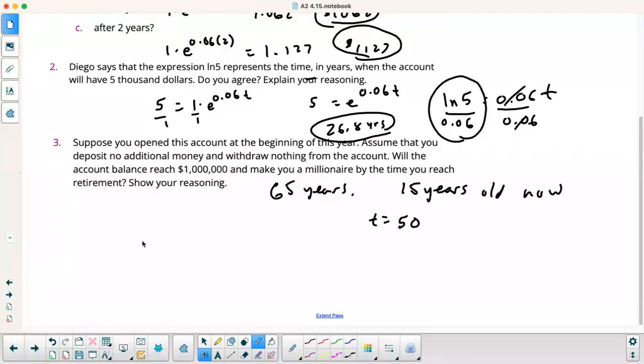So we're going to have to take 1 times e to the 0.06 times 50 and see if it gives us 1,000, because it's in thousands. So take your calculator. I don't really need to do 1 times. I'm just going to do e to the 0.06 times 50. And I got 20.